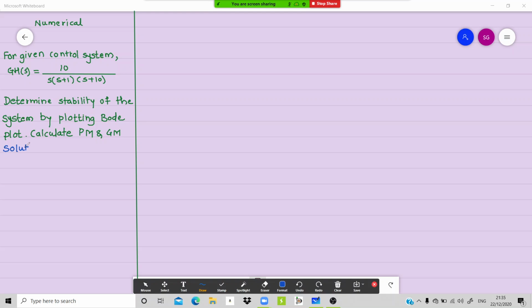And we'll go for the solution now. Just observe the transfer function which is given. What is it having? It is having gain, right? It is having one pole at origin, one real pole, one more real pole, right?